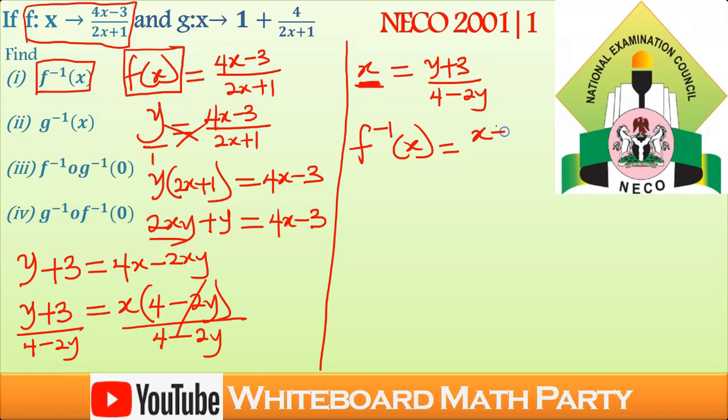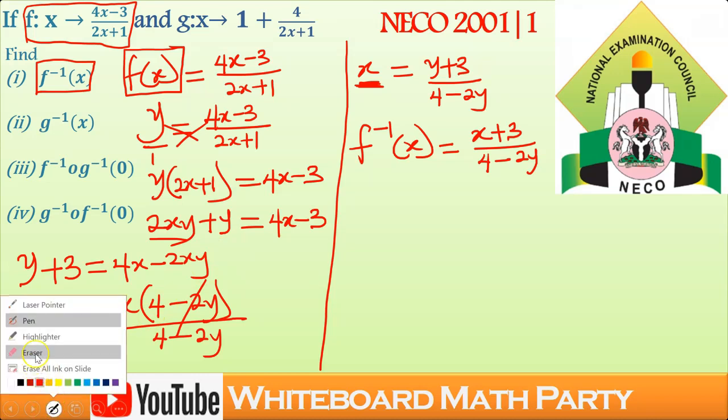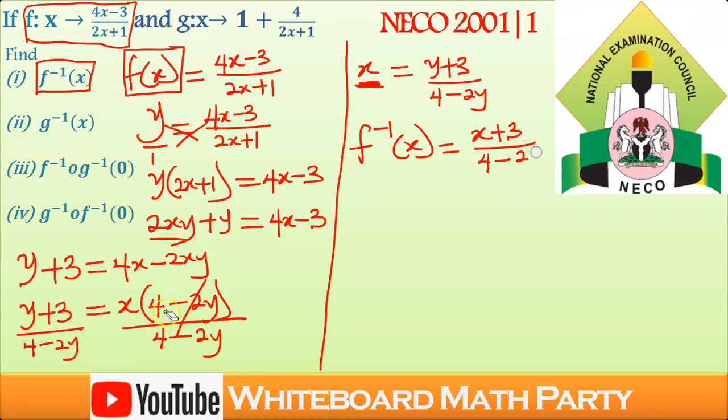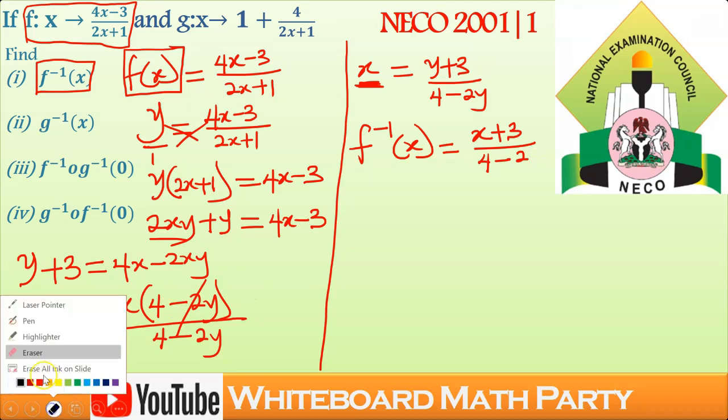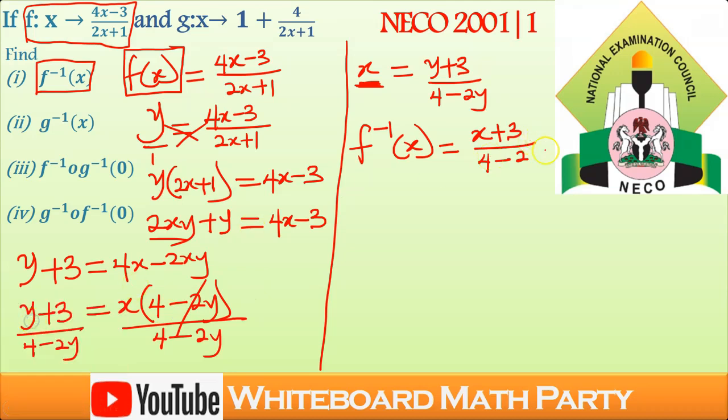So it's going to become (x + 3)/(4 - 2x). Sorry, 4 - 2x, not 4 - 2y. Give me a moment. 4 - 2x. Yes, written as this. Exactly. So this is the answer to the first question, which is to find the f inverse of x. I hope this is clear.